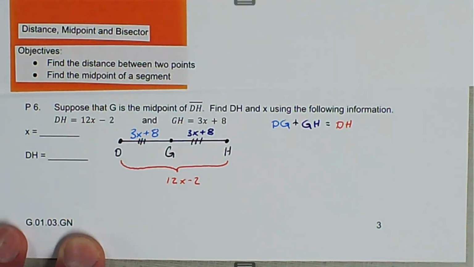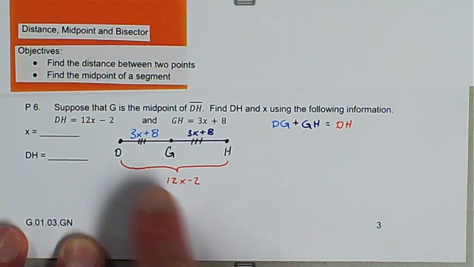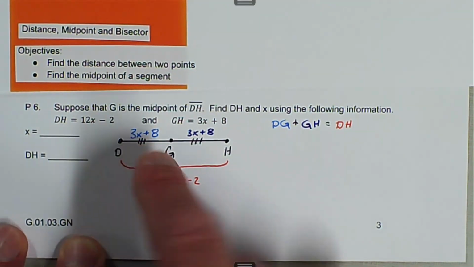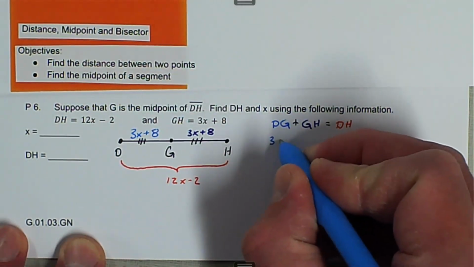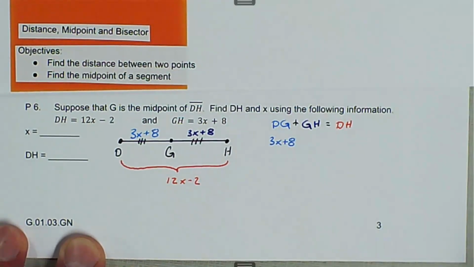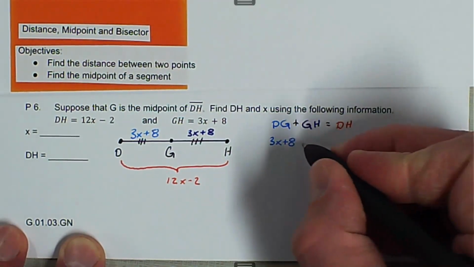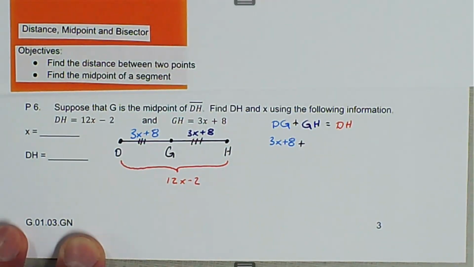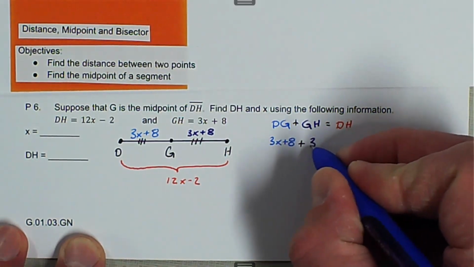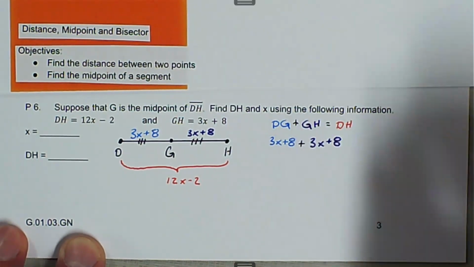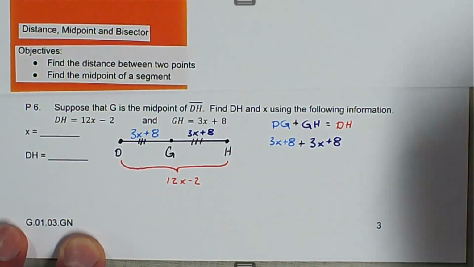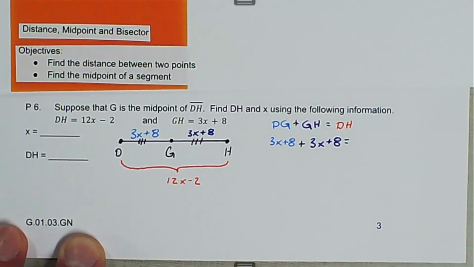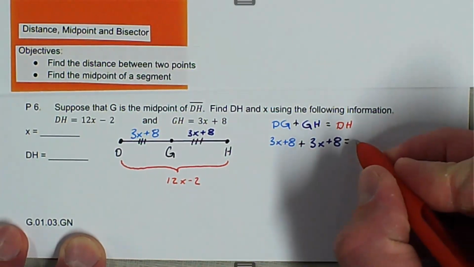Now that we have our segment addition postulate written, now we can substitute the values in. DG is 3x plus 8. GH is 3x plus 8. And DH is 12x minus 2.